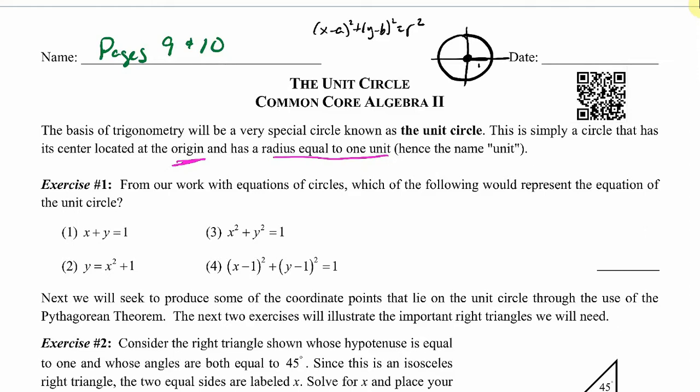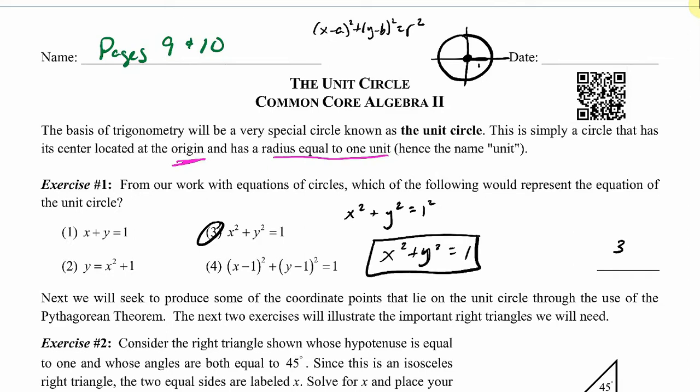Well, hey, that's (0, 0) here. So we're going to get (x minus 0) squared, or x squared, plus (y minus 0) squared, or y squared, equals the radius 1 squared. And if we clean up the right-hand side, it looks like we get back choice 3. So the equation of the unit circle is x squared plus y squared equals 1.